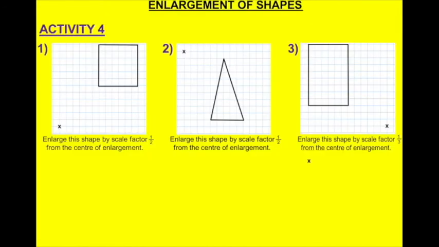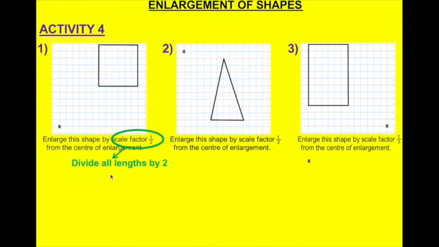Okay. Now let's go back to examples again. Here again we involve a fractional scale factor, but a positive one. The instruction says enlarge the shape by scale factor half from the center of enlargement.